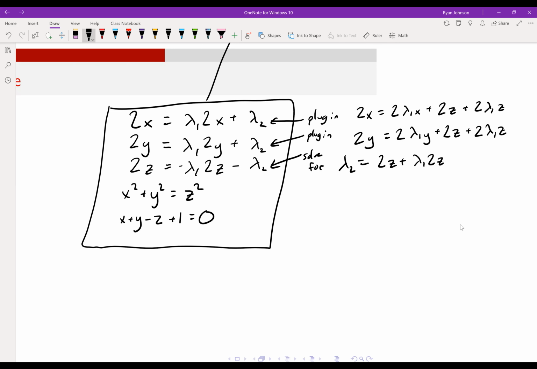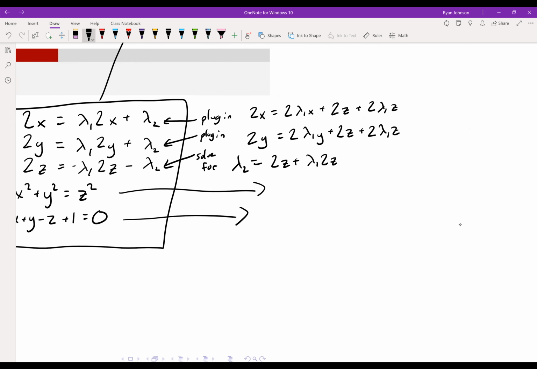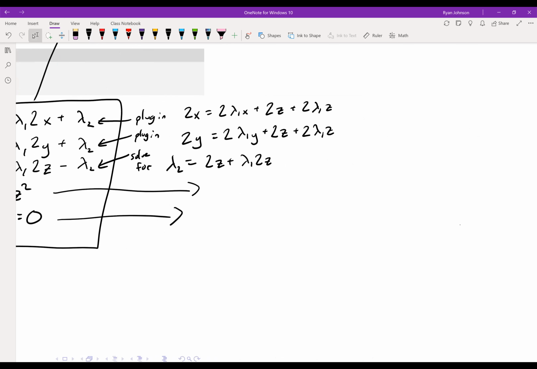Well, if I solve for lambda 1, these guys just stay the same.